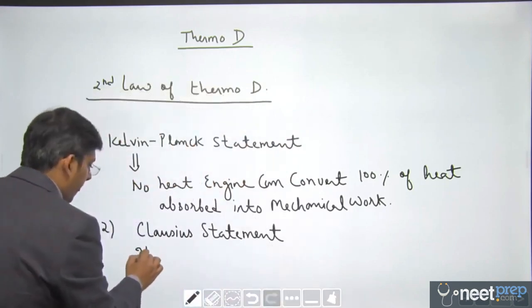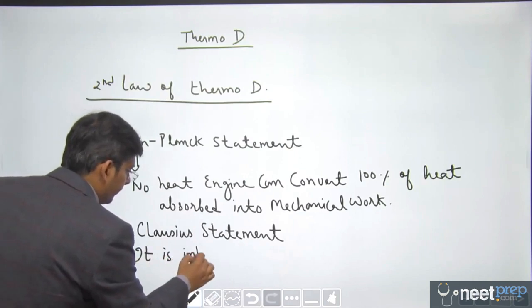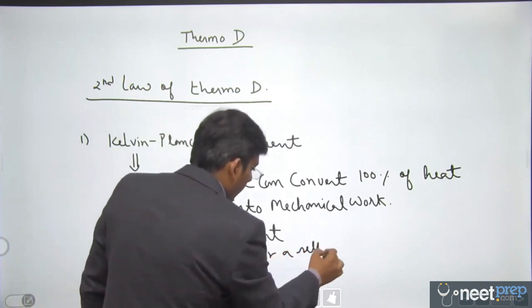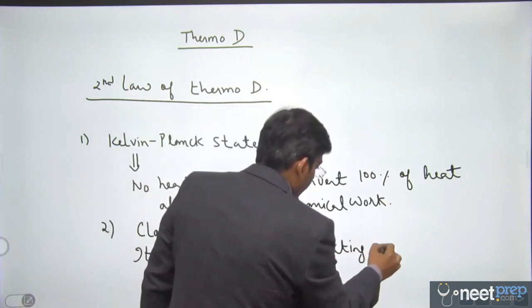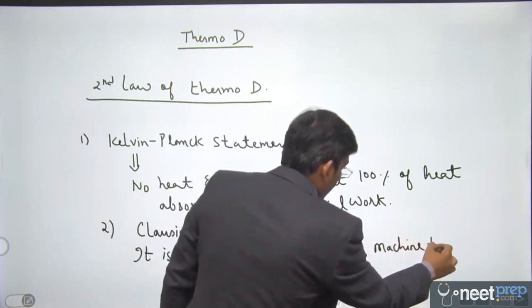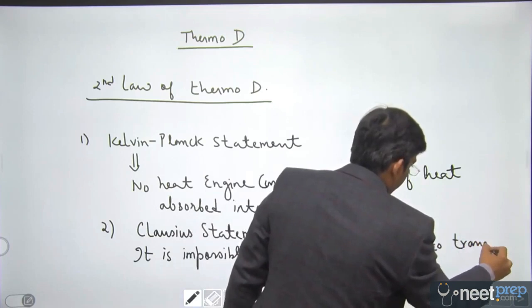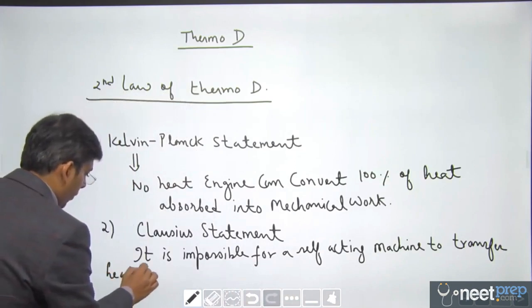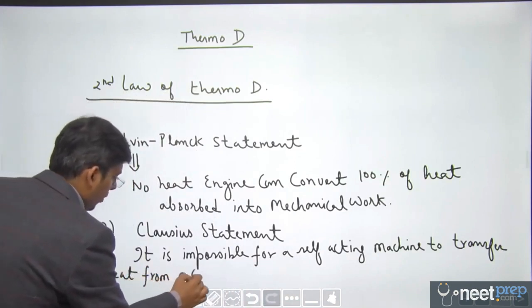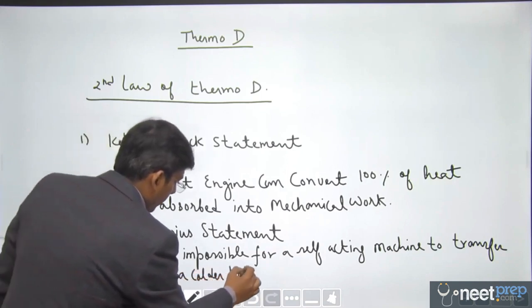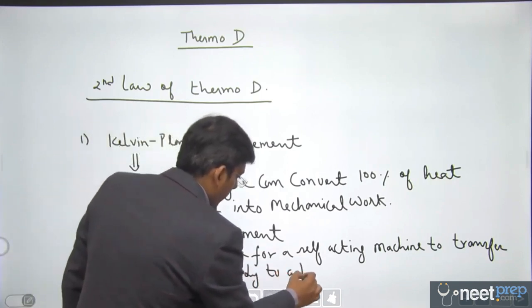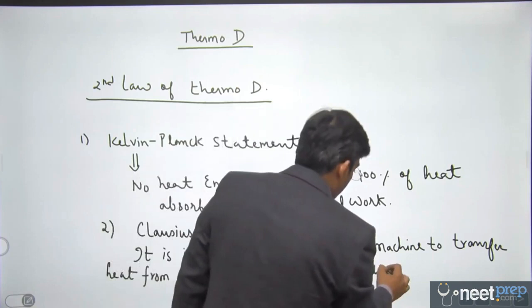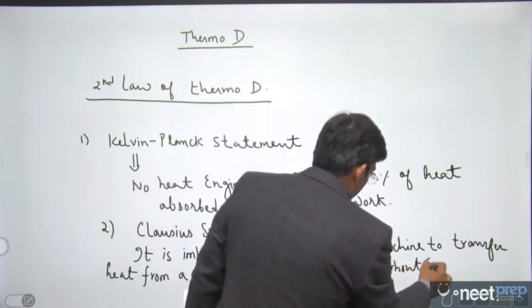So it is impossible for a self-acting machine to transfer heat from a colder body to a hotter body without external help, dear students.